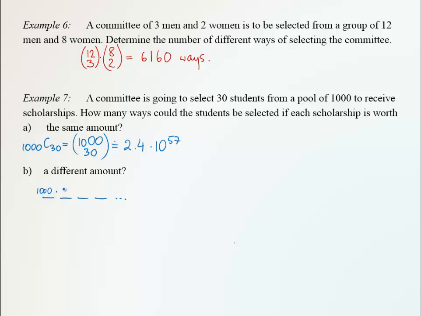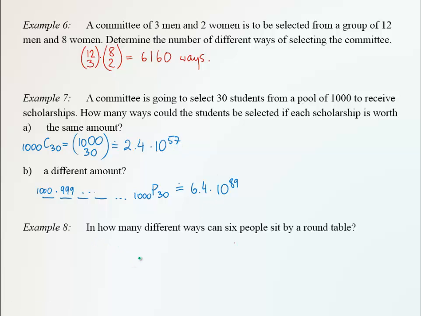Then we're choosing the second in 999 ways, and so on. Therefore, this is really calculating the permutation, choosing 30 students out of 1,000 possible students. And then again, if you use a calculator, this turned out to be approximately 6.4 times 10 to the 89. So this time it's even more possible choices, a lot more.